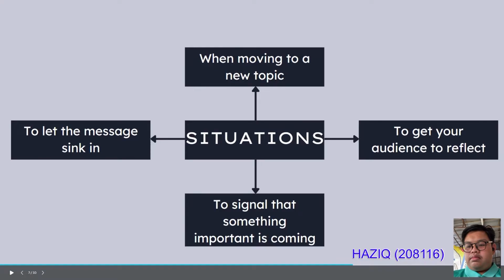Then we can use pausing to give them some time to think about themselves and ask themselves about that rhetorical question. If we didn't pause, they cannot think because they don't have the time. So pausing gives them the time to do the reflection.